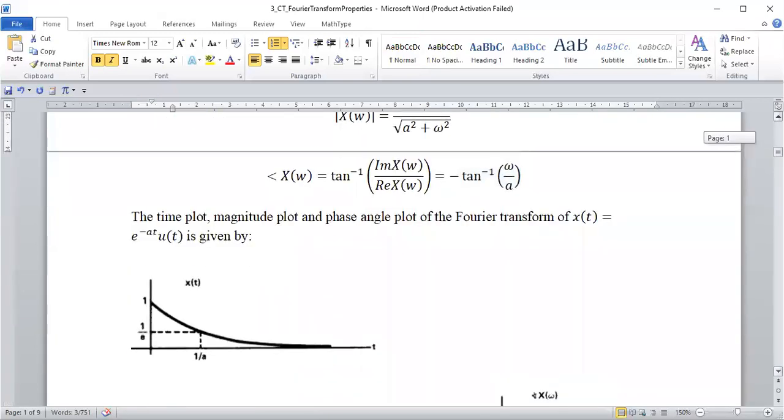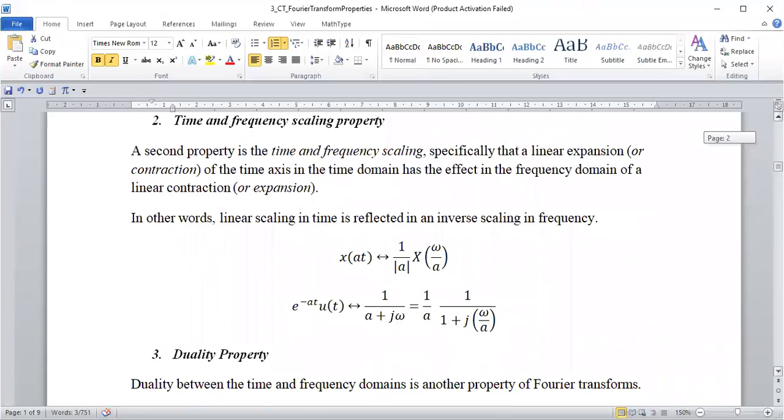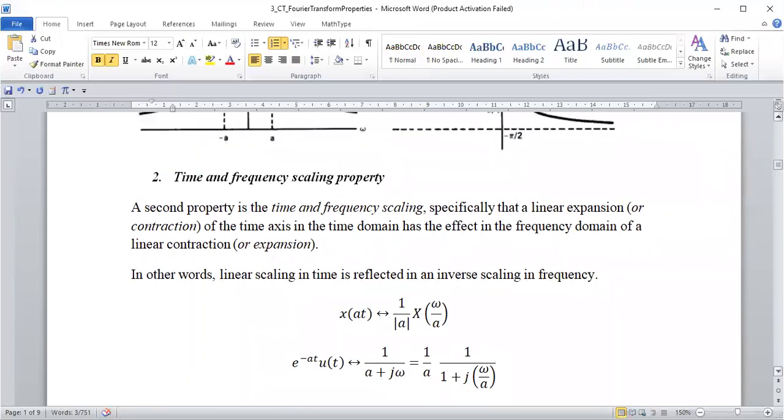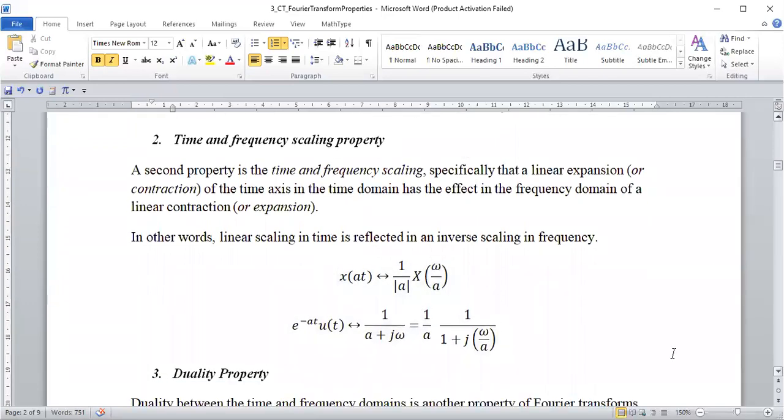The next property we'll be looking at is time and frequency scaling. This simply means that a linear expansion in time translates to a linear contraction in the Fourier transform domain. For instance, this example we did the last time.